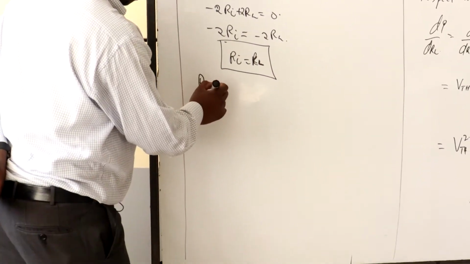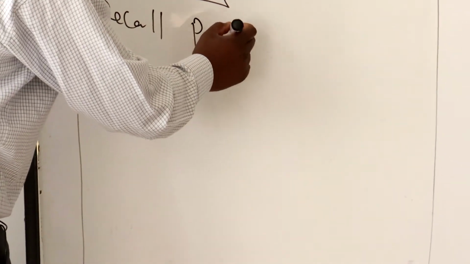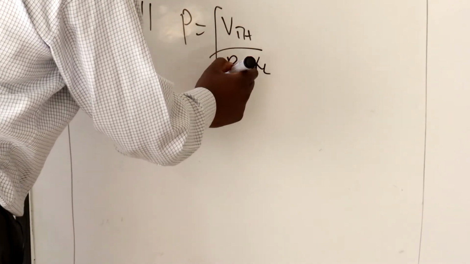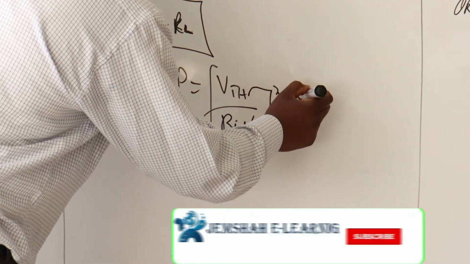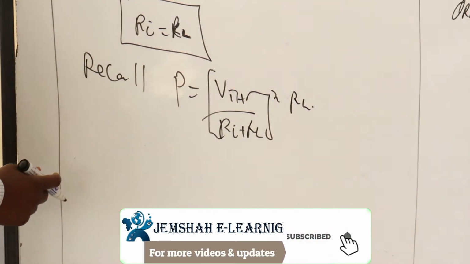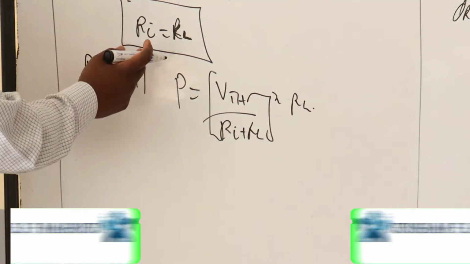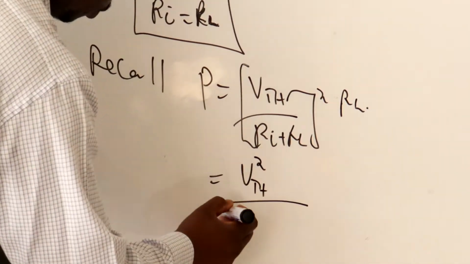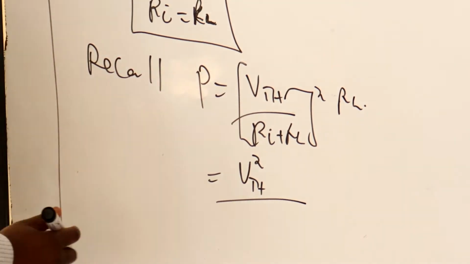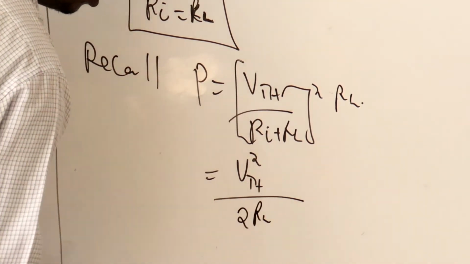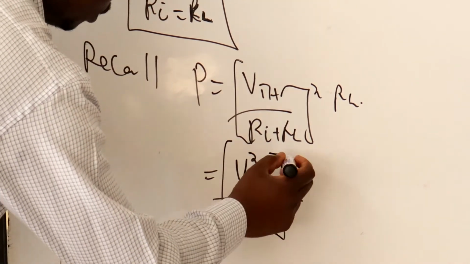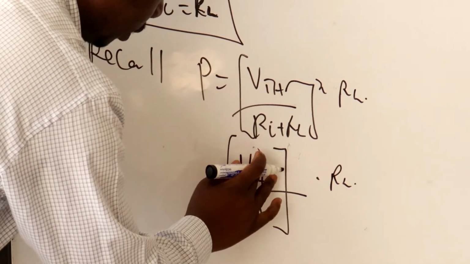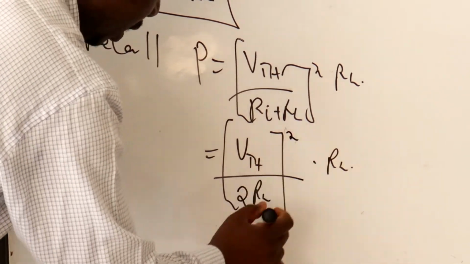We recall that power is VTH over Ri plus RL, squared, multiplied by RL. But if this is the condition, then we shall have power as VTH squared over Ri plus RL, which is 2RL, squared, multiplied by RL.